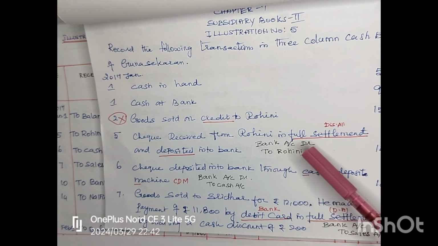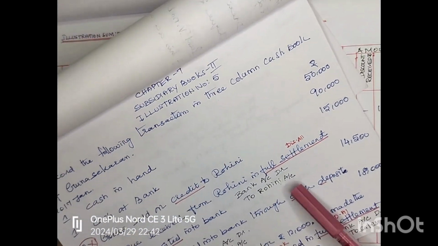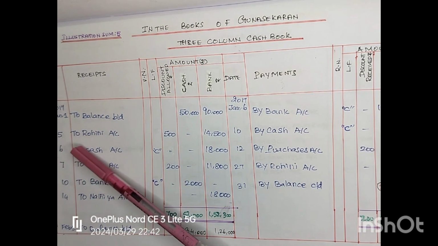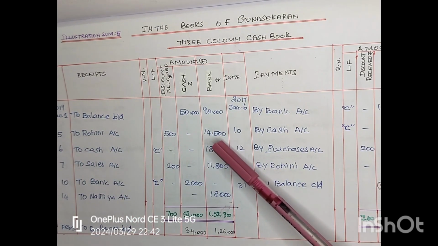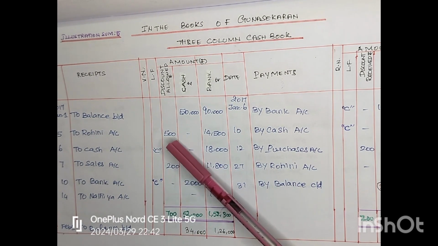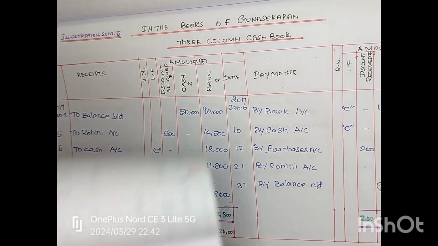So we go to the debtor side, bank column, and enter 14,500. What is the opposite account? Rohini account. So dated January 5, To Rohini account, in the bank column we enter 14,500. How much discount did we allow to Rohini? 500 rupees. That 500 rupees you have to enter into the discount allowed column.